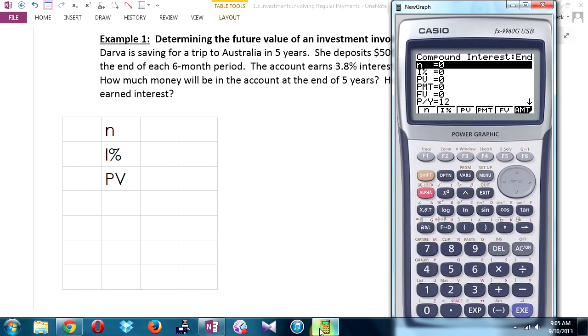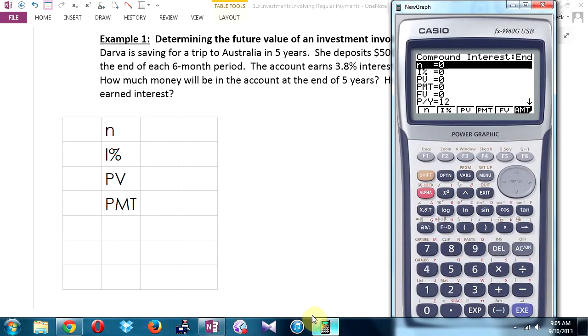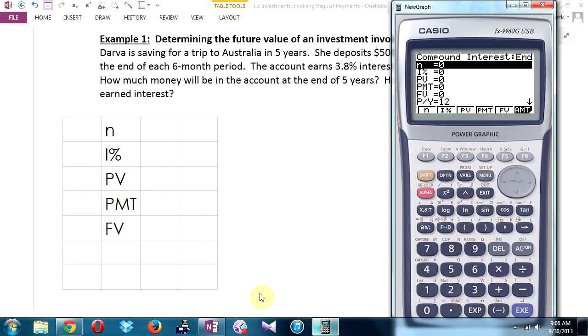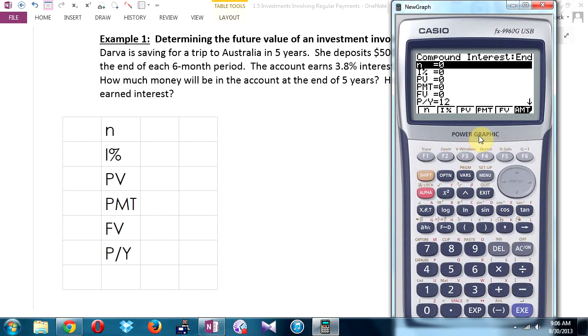Below that is payment. Probably figure out what that one means. Below that is FV. Below that is P/Y. And I think I got more than that, Mr. Dueck. C/Y.